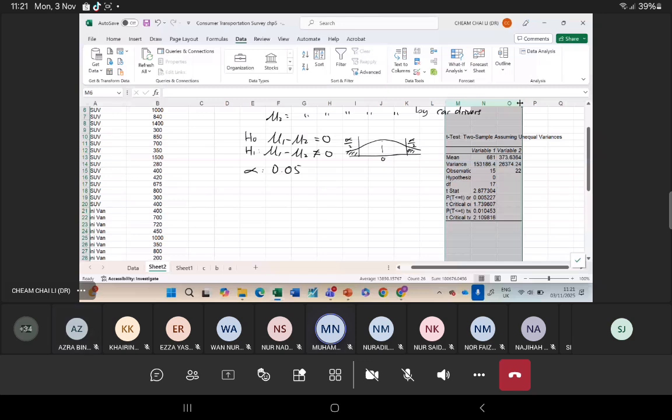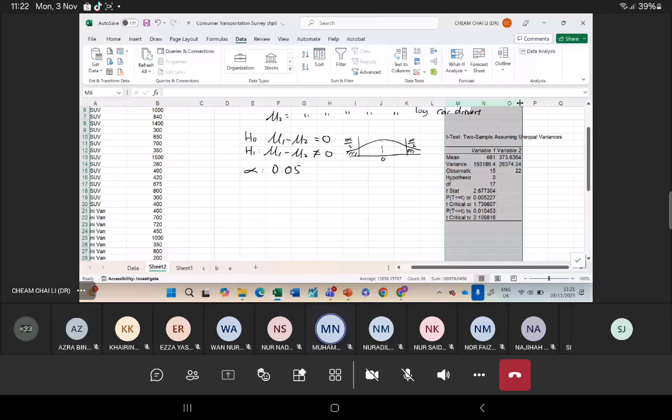Mean, what mean is this? Mean adalah based on the miles driven per week. So yang ni adalah setiap observation, kita nak cari mean, kita campurkan sekali dan bagi dengan jumlah yang ada, right? So for observation, SUV drivers, you have 15 sample, and the car drivers, you ada 22 sample, okay?